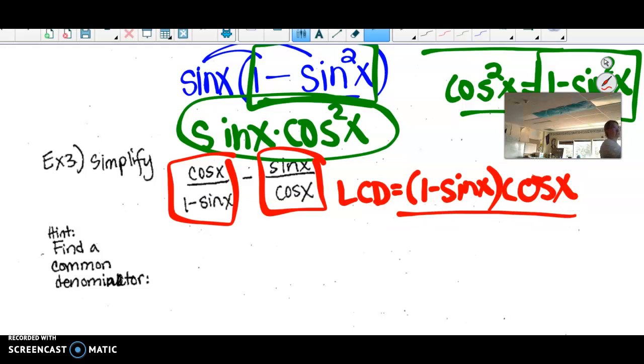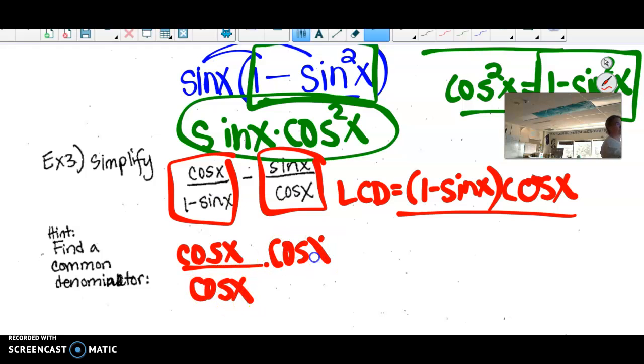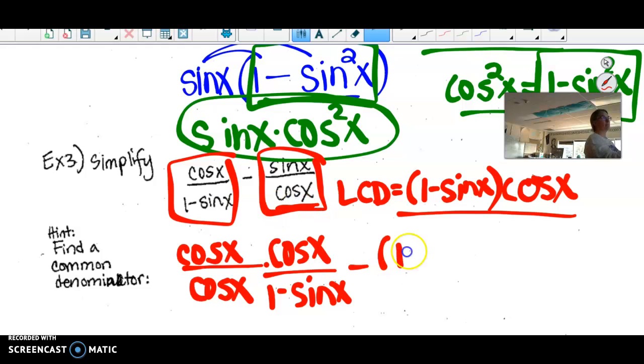So on the left side, I'm going to need to multiply the top and bottom by cosine of x, which is really multiplying by 1. And then on the right side here, what's missing from the denominator is this 1 minus sine of x.